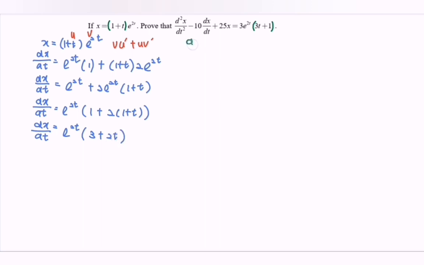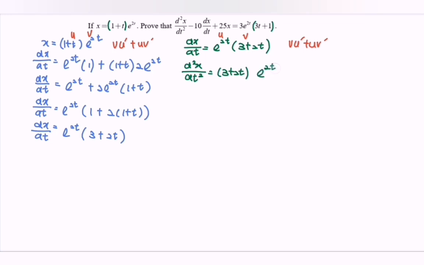So here we have dx/dt equal to e^(2t)(3 + 2t). Repeat the situation for the product rule, where we have v u' + u v'. So here we have u and v. So the second derivative, where we have (3 + 2t), and then we have e^(2t), and then here we have 2, plus e^(2t) multiplied by 2.